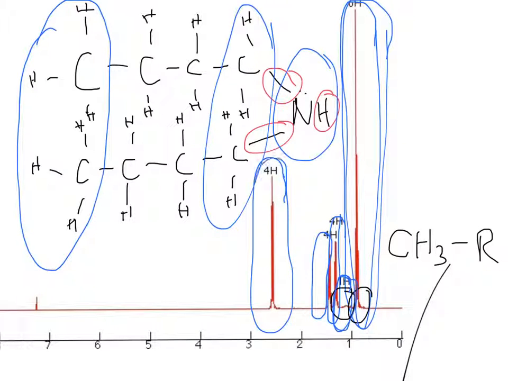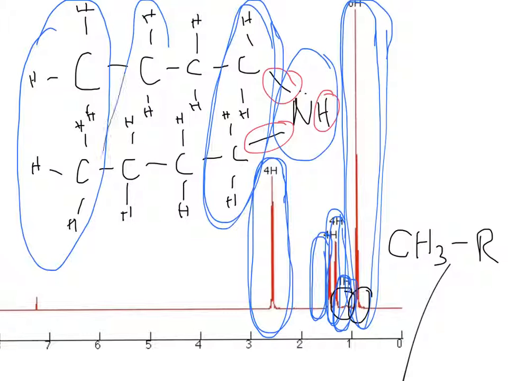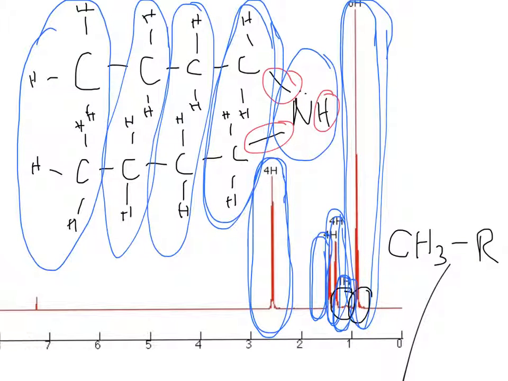And because this peak is outside of the 0.5 to 2 range that the saturated alkanes are under, these 4 hydrogens belong to this group. Therefore, these 2 remaining peaks with 4 hydrogens each belong to this group and this group.